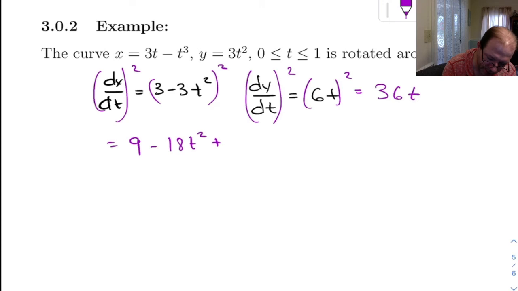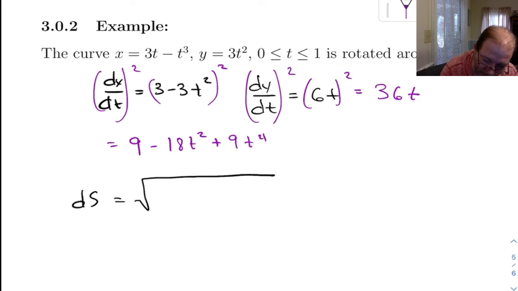Same thing's happening here that happened on a previous example. Plus 9t to the 4th. When we do our ds here, when I add these two together, the 36t squared, when I add this onto here, all it's going to do is change the sign of this 18t squared. So I'll wind up with 9 plus 18t squared plus 9t to the 4th, and there's a dt on the end of this.